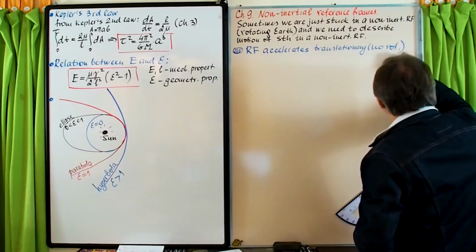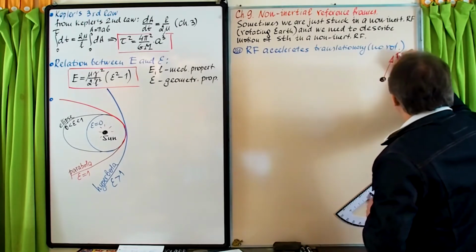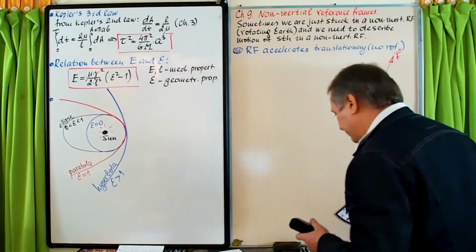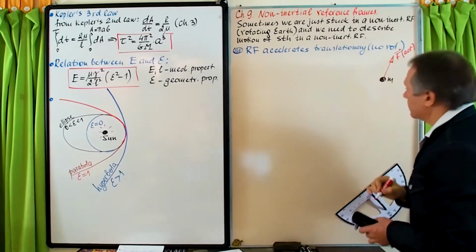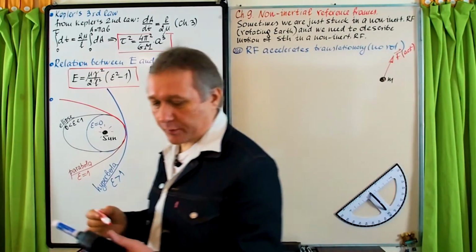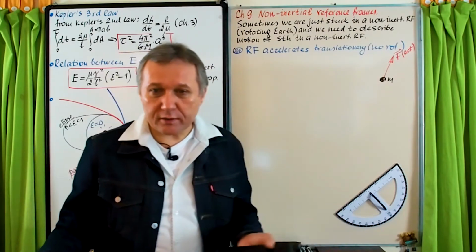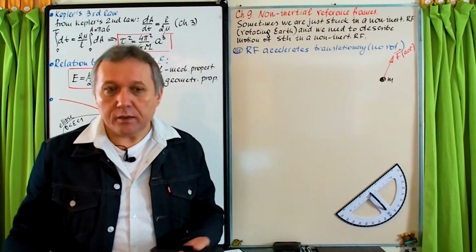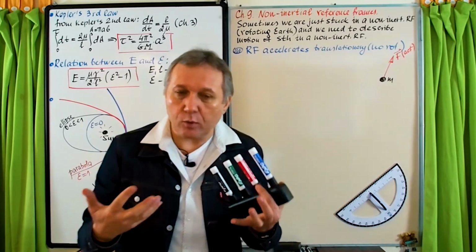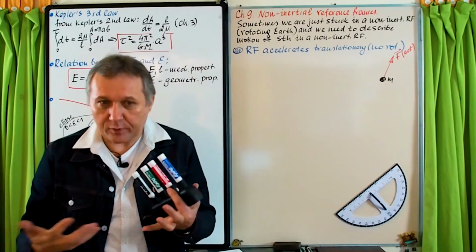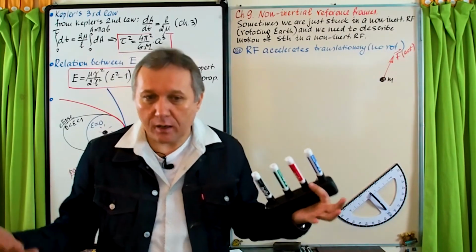So let's assume that there is some force F acting. Again, it's an actual force. Maybe I should write here ACT, actual force. Let's start with an inertial reference frame, because we have fundamental equations written only for inertial reference frames. We don't have any other options.